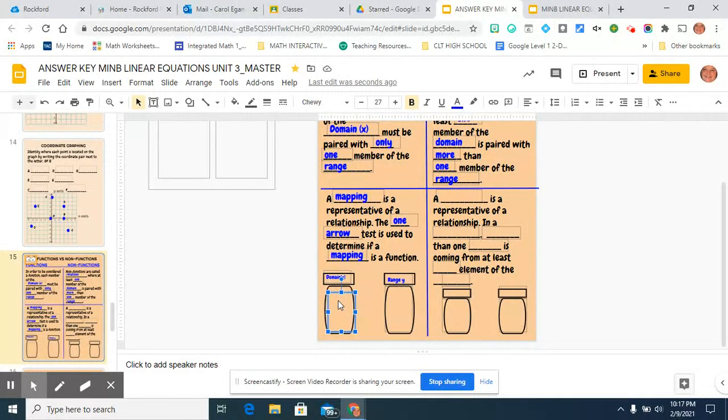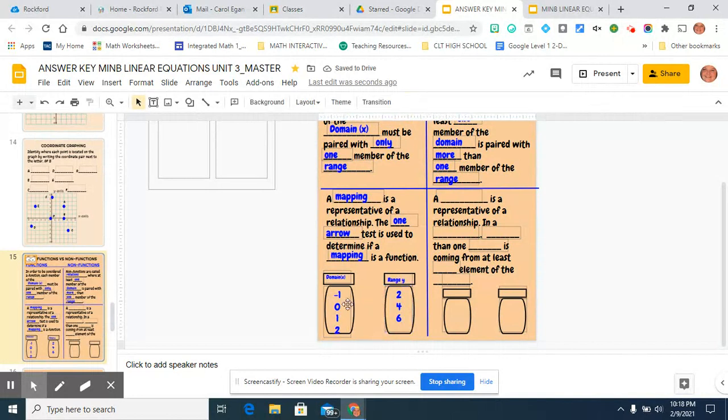So let's say we have -1, 0, 1, and 2. And these are all members of the domain. And then over in the range, maybe we only have the answers 2, 4, and 6.